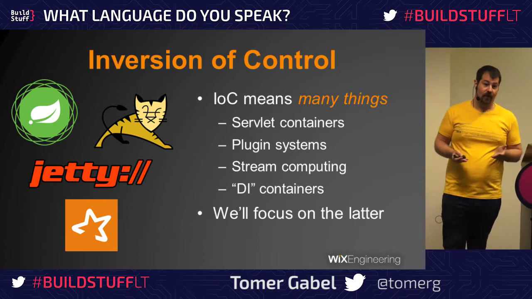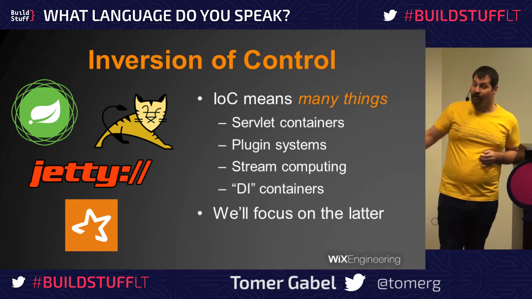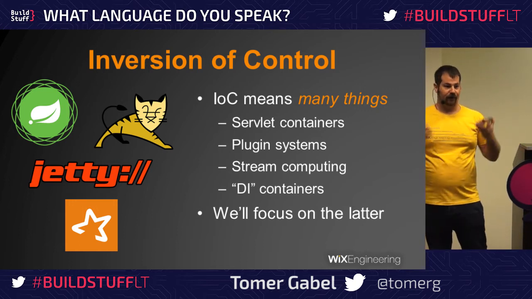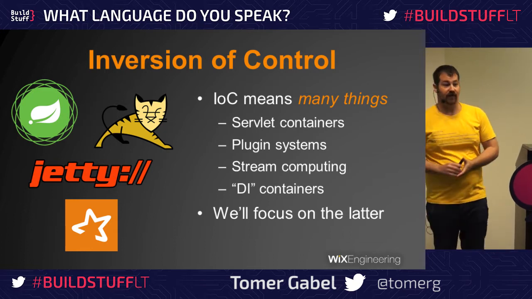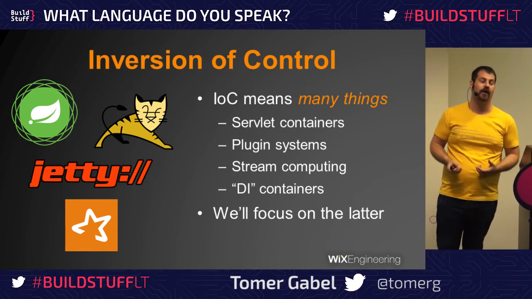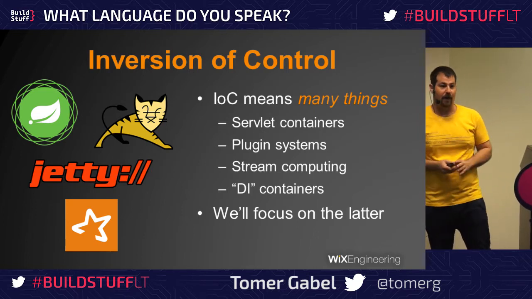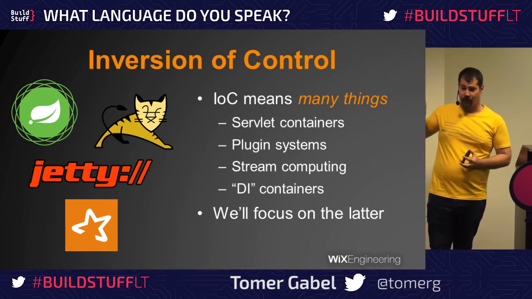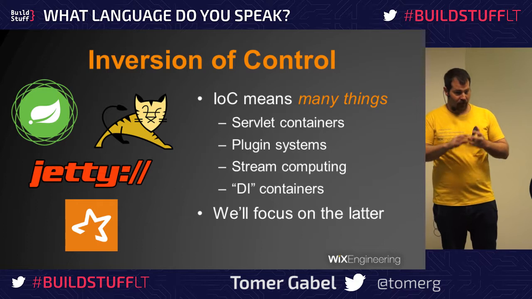All of these are implementations of an inversion of control. And the thing we're going to be focusing on is inversion of control containers as applied to dependency injection, because this is what people generally think of when the term dependency injection pops into their mind. This is your Springs, your Juices, your Angular factories, your whatever.